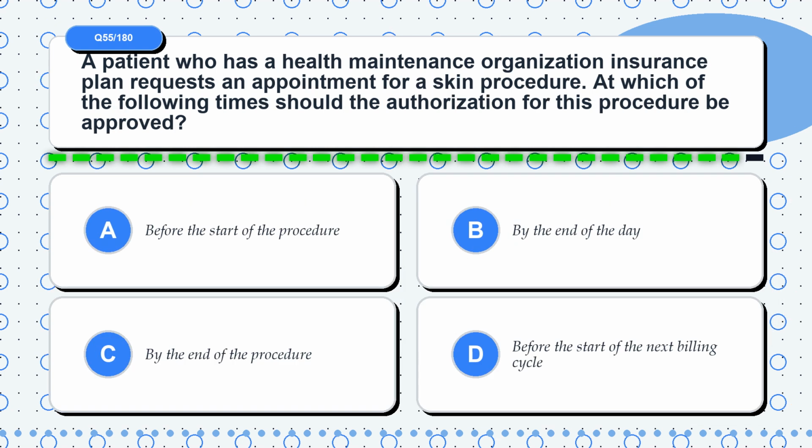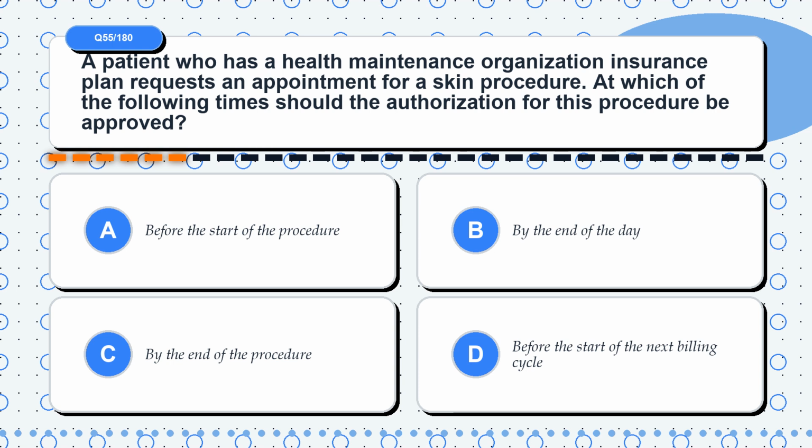Question 55. A patient who has a health maintenance organization insurance plan requests an appointment for a skin procedure. At which of the following times should the authorization for this procedure be approved? Here are the options. Option A, before the start of the procedure. Option B, by the end of the day.